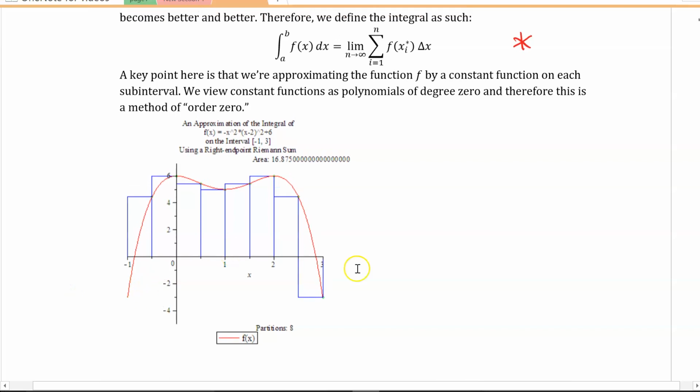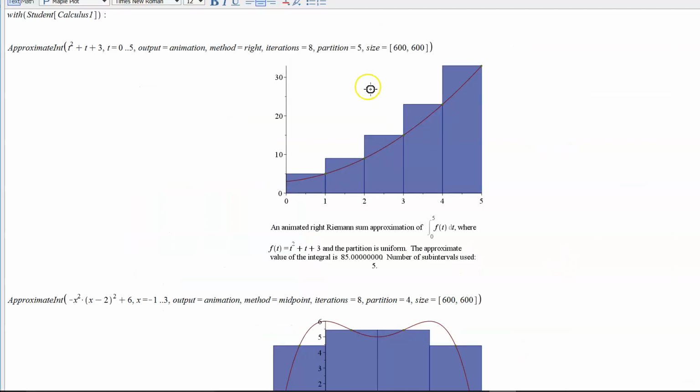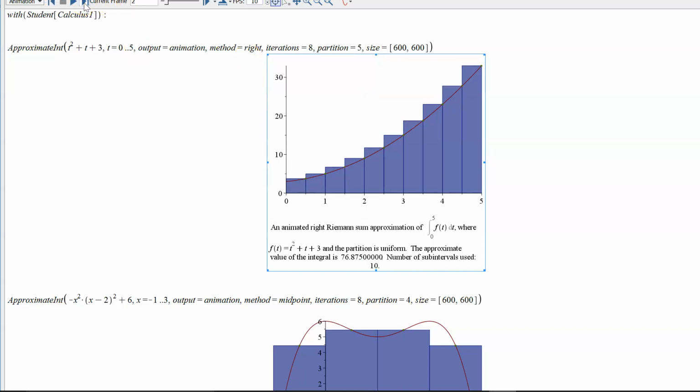I just want to show a quick animation in Maple before we go on to two variable functions. I've got a couple of functions plotted here, and when we increase the number of partitions used, going from 5 to 10 and then 20, notice what we're seeing is that the integral from 0 to 5 is getting closer to the exact value.